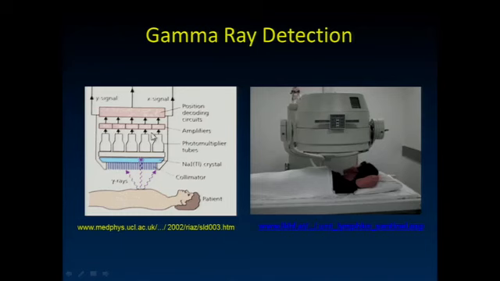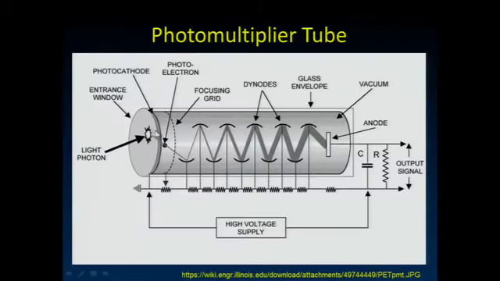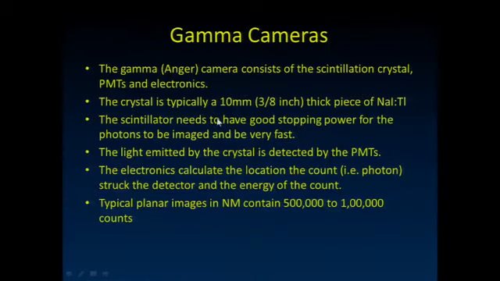And the sum of the light that they all detect allows me to know the energy of the interaction that occurred. So I'm going to keep the time information, the position information, as well as the energy information in nuclear medicine imaging. Here's that photomultiplier tube that's going to detect that event.